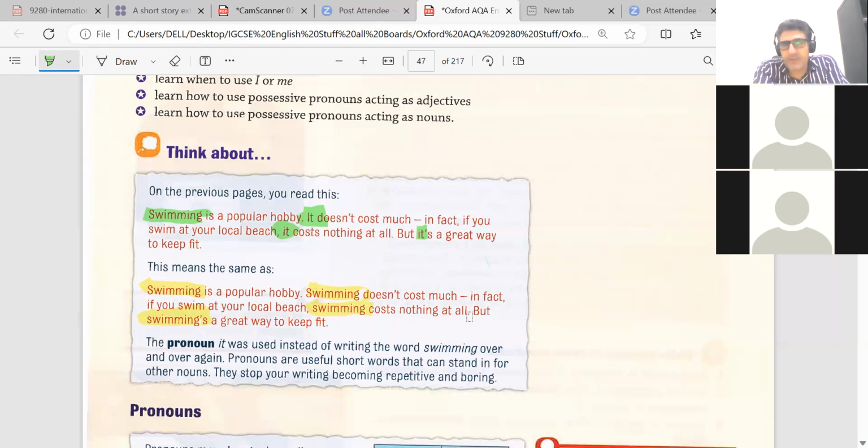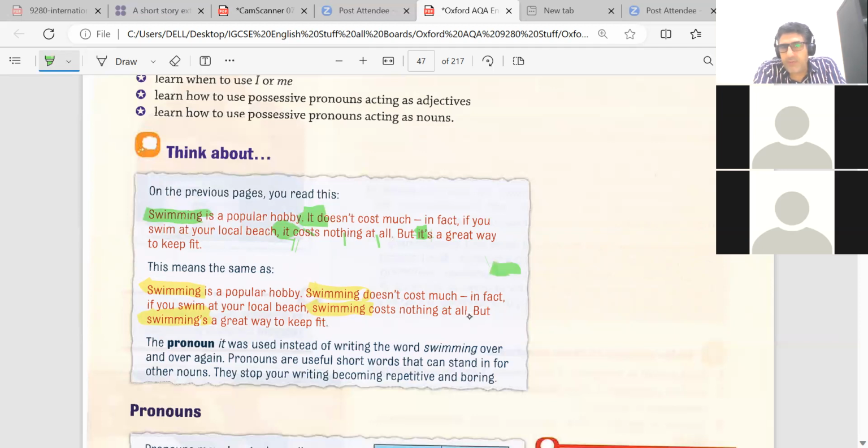So the first it refers to what? Swimming. The second it, it costs nothing at all, also refers to swimming. So the last it also refers to swimming. In this way, your writing is exciting and interesting. It helps the reader to think about what it means.